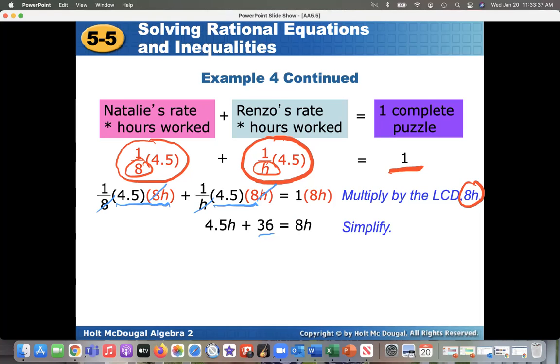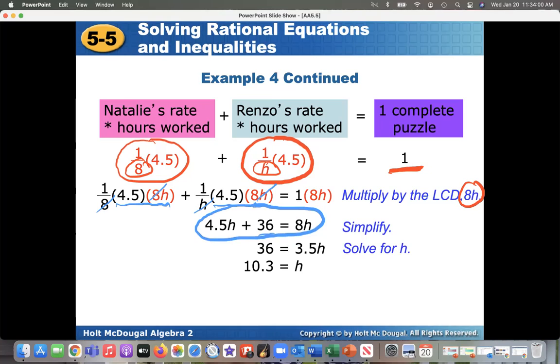Now, not trying to be mean, but if we can't solve this, we're probably in the wrong math class. That's what you called a two-step equation back in Algebra 1. What would you want to do to get H by itself? You'd have to get the H's together.